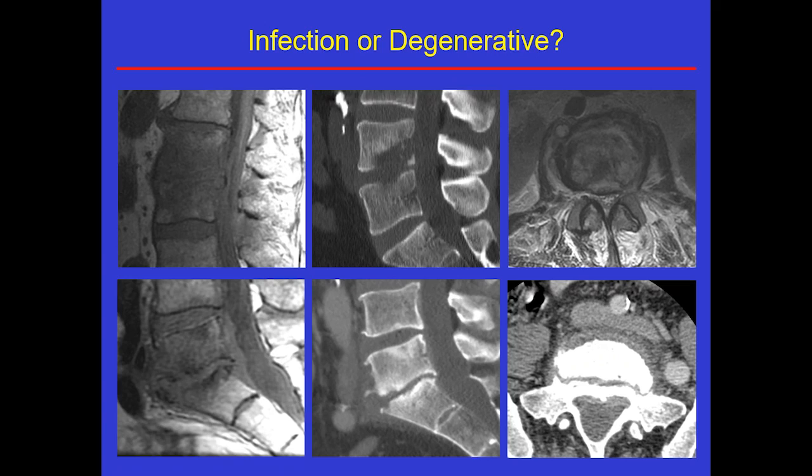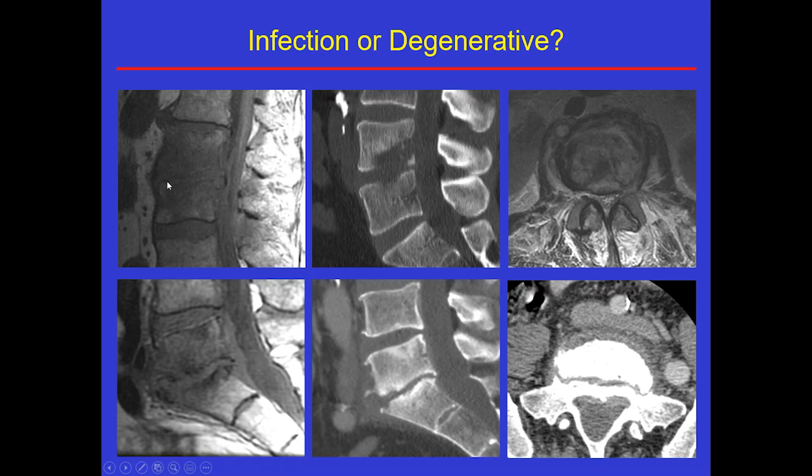So let's take a look at these two cases. We've got the first case on the top and the second case on the bottom, and the question is, is it infection or degenerative? And so the three things that I like to look at, the first is the end plate and end plate irregularity. Is it well-defined or ill-defined? And I think the best sequences to do that are, on MR, the T1 weighted sequence, and on CT it's the bone window in the sagittal plane.